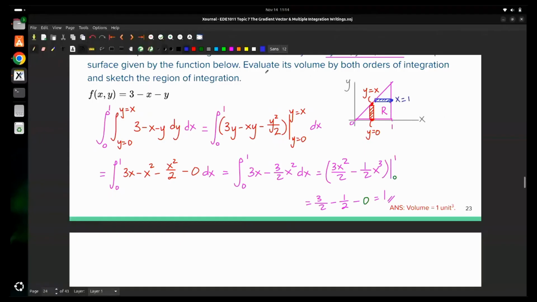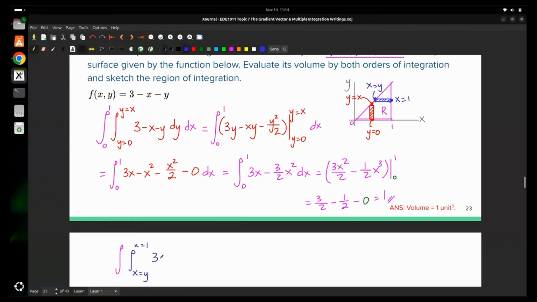Then the lower x point is x equals y. So using the other order of integration, you integrate from x equals y to x equals 1.